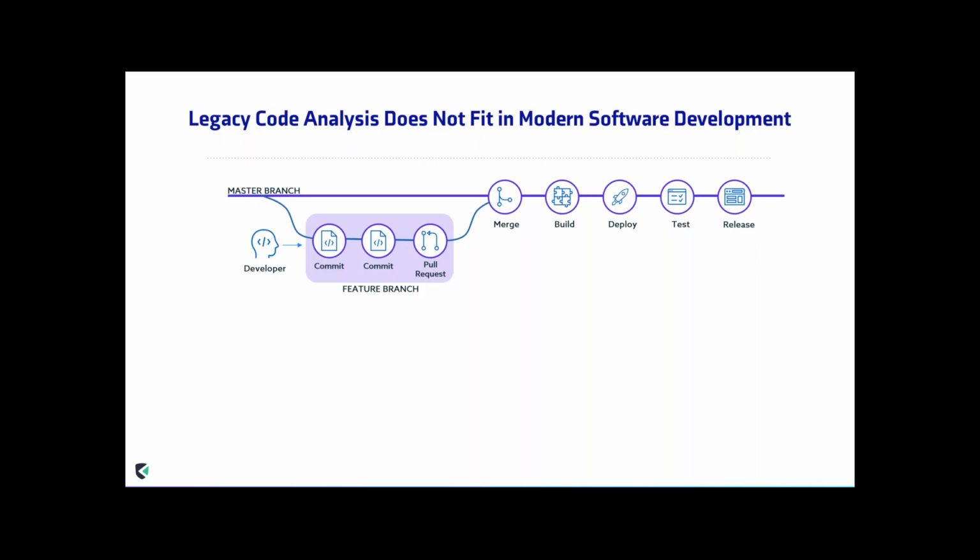And as most developers are familiar, whenever you're making a feature change, working on some bug fix, or working on some change in that code, you create a branch of it, right? And then you create a pull request, you make multiple commits on it, you do your unit tests, you do your peer code reviews, and then it gets merged back into master. And then you kind of move on to the next project.